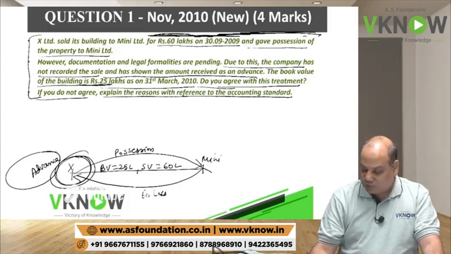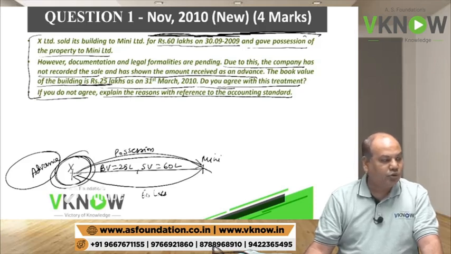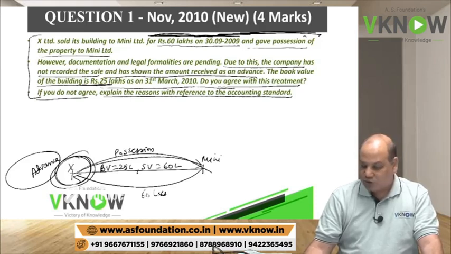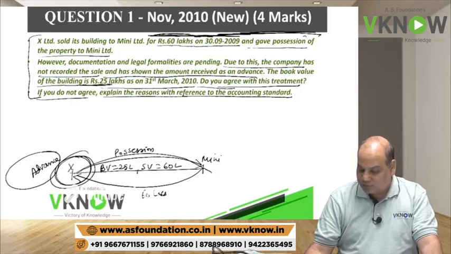So your answer will be, this question comes under AS1. AS1 says, while recording a transaction, we should look at the substance rather than the form. In substance, possession has been transferred, payment has been received. So therefore, X Limited should record it as a sale transaction, not as an advance transaction.